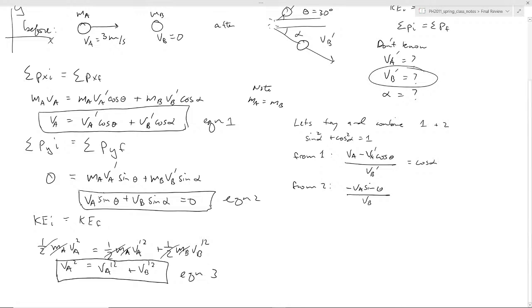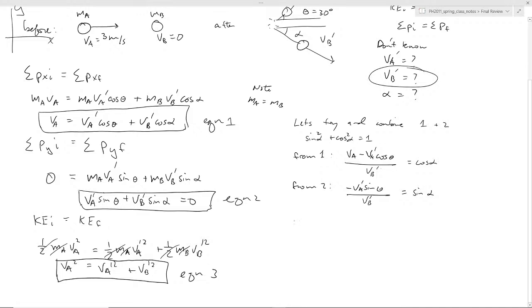Actually here, this should have a prime on it, as should this one. So this will be, negative VA prime sine theta divided by VB prime equals sine alpha. Okay. And then we can square both of these pieces and add them together, and then that would add up to 1.